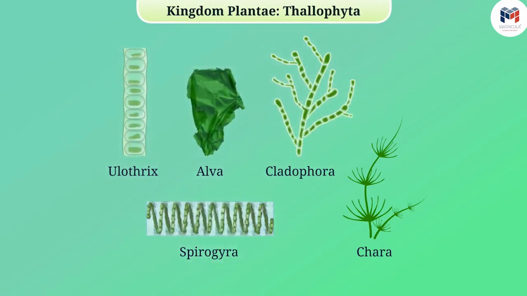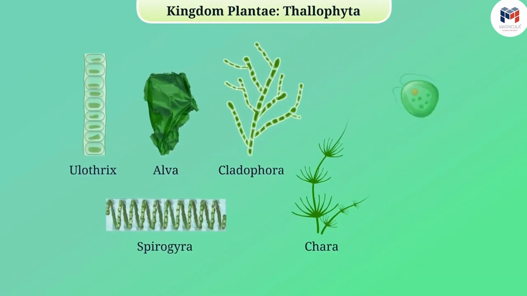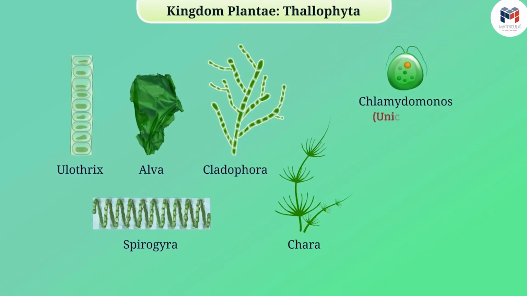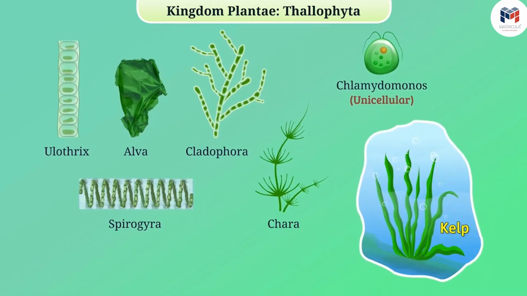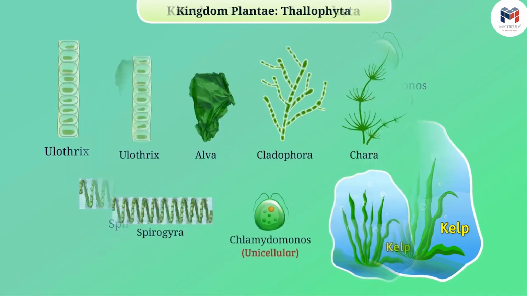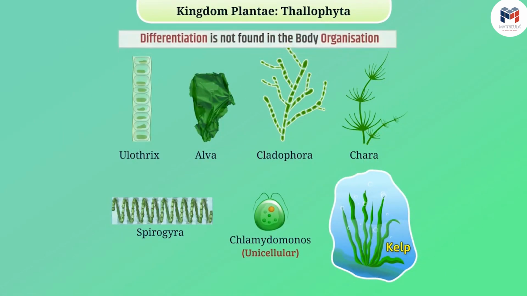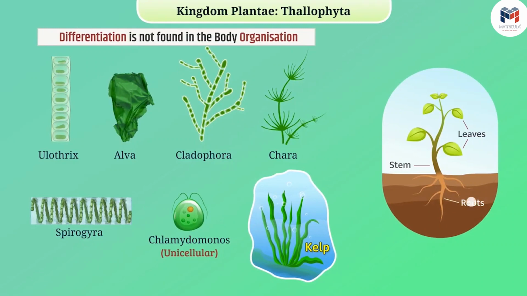Some organisms, such as Chlamydomonas, are unicellular, which requires a microscope to view them, whereas some organisms, such as kelp, are very large. Differentiation is not found in the body organization of these plants. That is, parts like roots, stem, leaf are not developed in them.